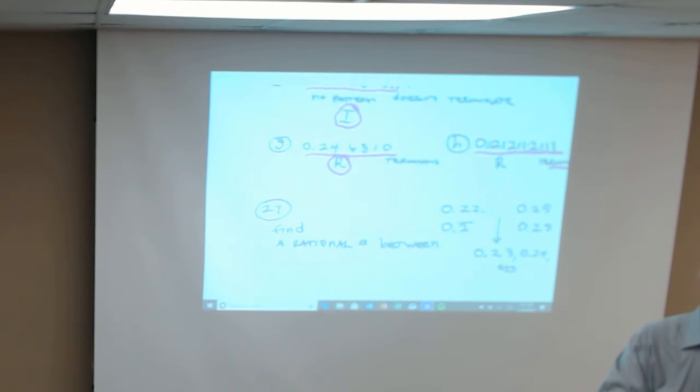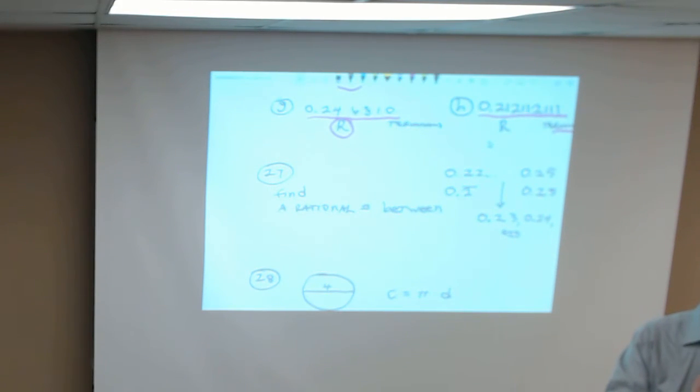Number 27. Find a rational number between these two numbers. Well, what does that mean? 0.2 with a line over it is just the same as 0.222... And over here is 0.250.